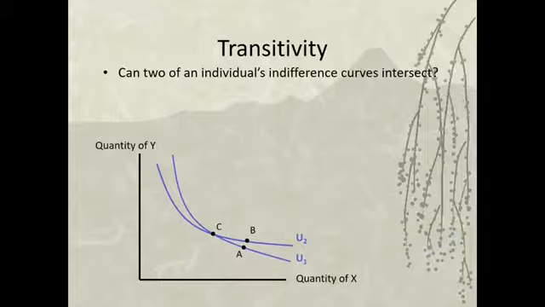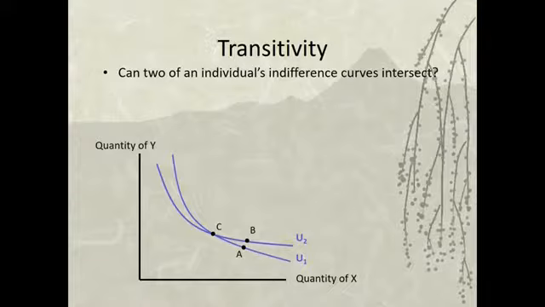Okay. So now there is an issue of transitivity that comes at this point. That is why transitivity is important. Can two indifference curves intersect? See, transitivity, as I said, is a combination issue of fewer than three commodities. If there are more than three combinations, then there is going to be a cyclical effect.